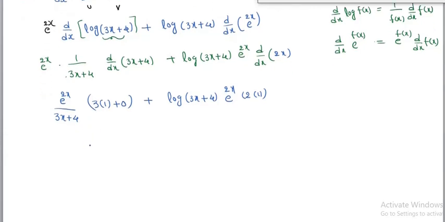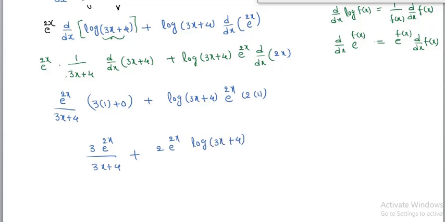So 3 into 1, 3 e power 2x by (3x plus 4) plus 2 e power 2x into log of (3x plus 4).